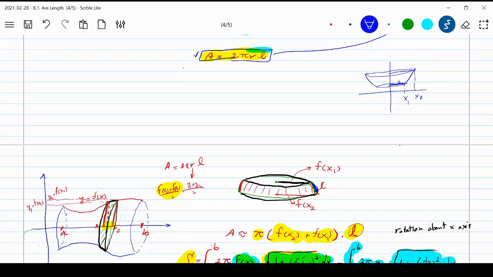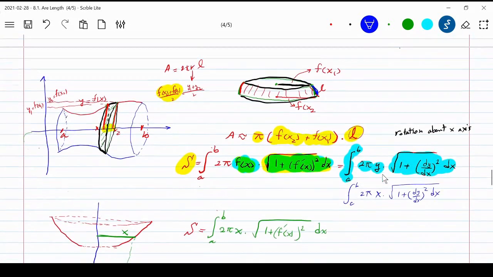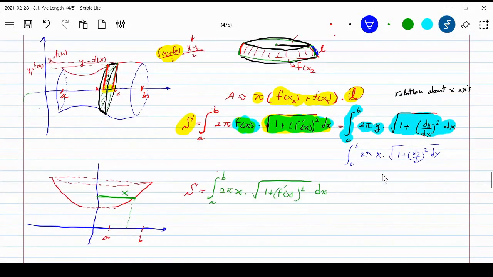So the radius is simply the average, x1 plus x2 divided by 2. If you assume that x1 and x2 are very close to each other, this is simply 2x divided by 2, or just x. So if you have rotation about the x-axis, there is a y there. If you have rotation about the y-axis, you can turn the y into x and still calculate the formula.